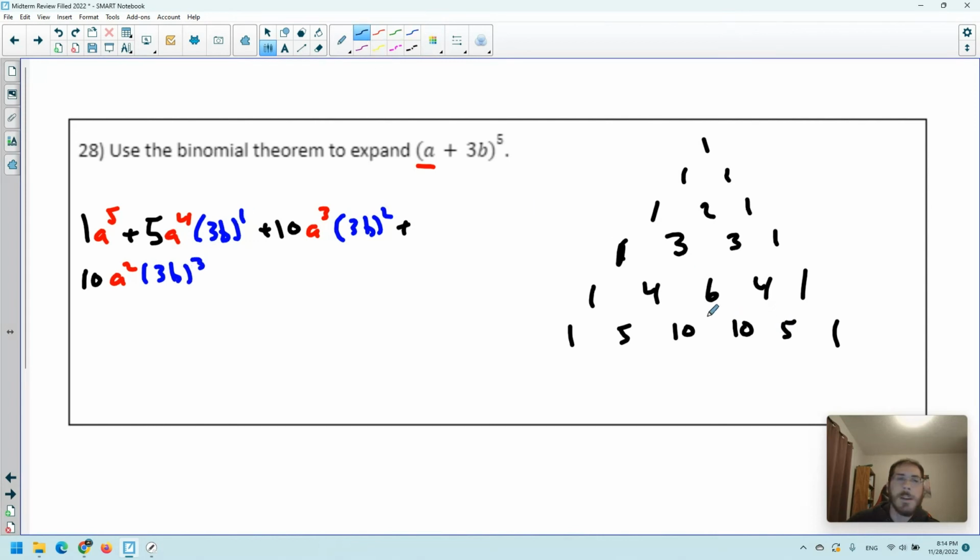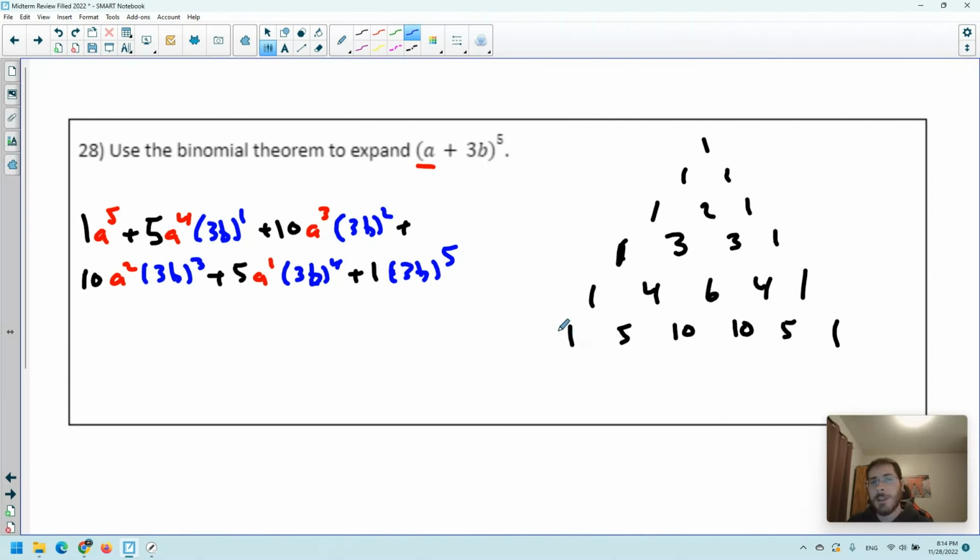Next, I got a 5. A's are going down. 3b's are going up. And last, I got a 1. A's are going down, so since I get to 0 A's, I don't need to write them. 3b's are going up. All right, so that's what we got.